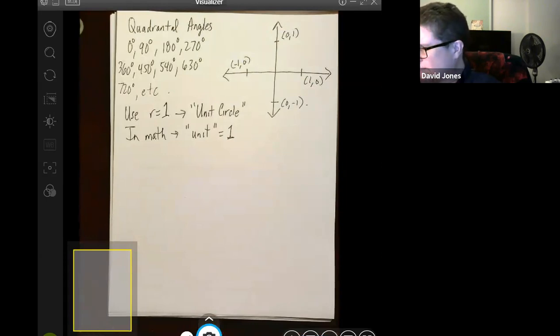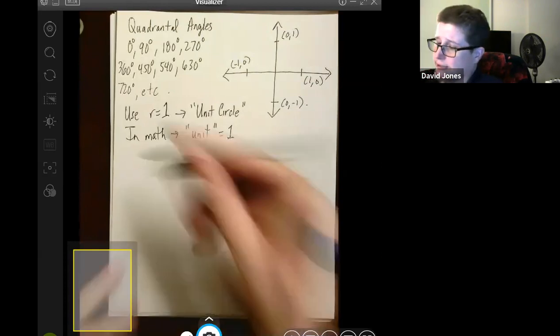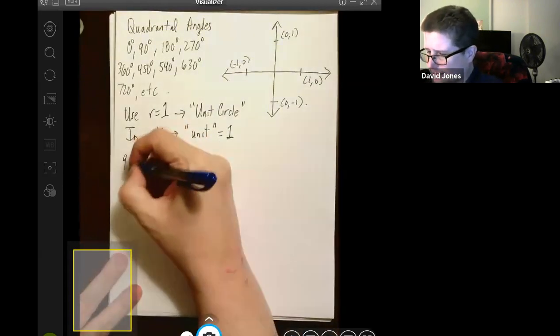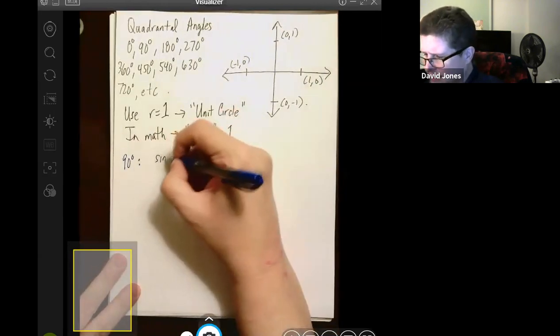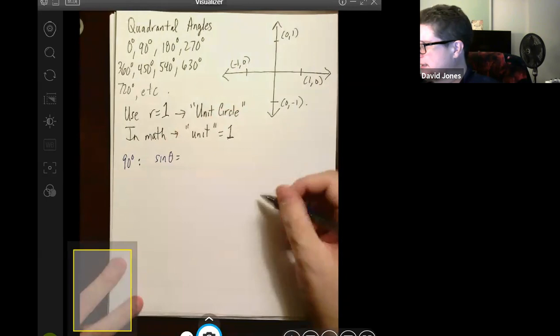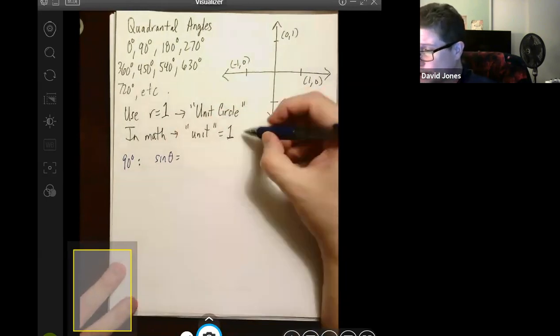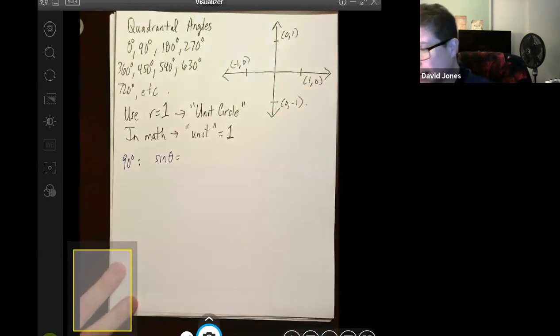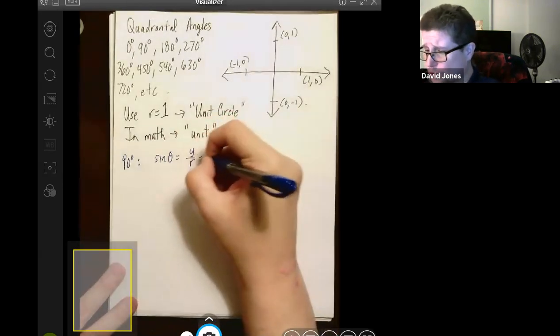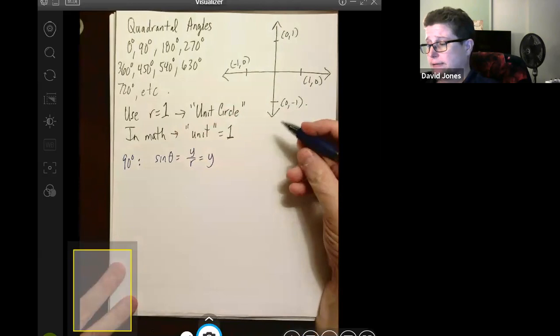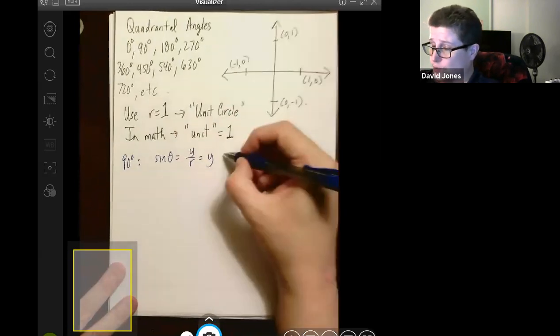Let's look at 90 degrees and 180 degrees. So the 90 degrees. The process is similar for all of them. Sine of theta, we know the unit r equals 1, so it doesn't matter. Everywhere we have r, sine theta is y over r, which is just y, which is 1.